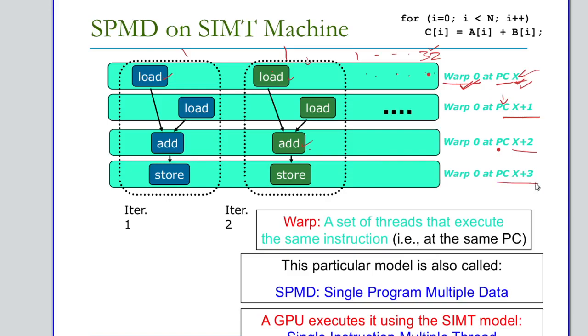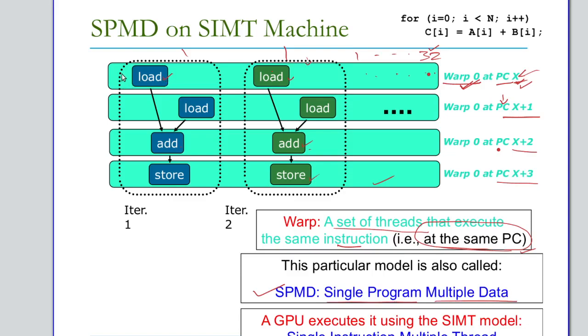Next instruction is fetched, this is a store operation which will be performed on all the threads. So a warp is a set of threads that execute the same instruction. They all share the same PC.